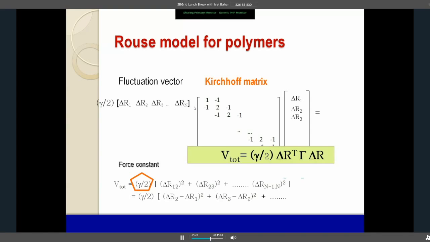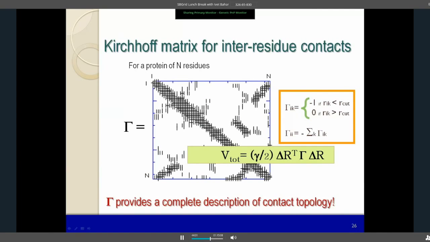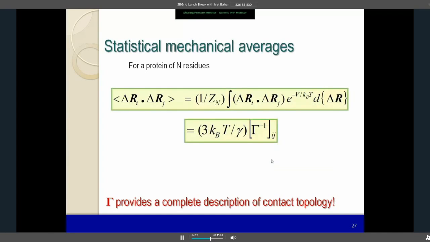And indeed, we use exactly the same notation for proteins, with the major difference that the Kirchhoff matrix now has non-zero elements in the off-diagonal terms because we have those non-bonded contacts. You have lots of non-zero terms in the non-diagonal regions. So this matrix provides a complete description of the contact topology.